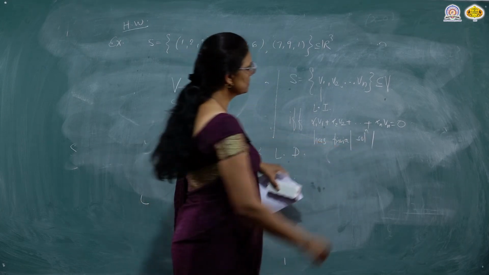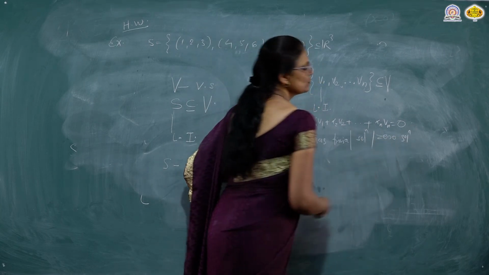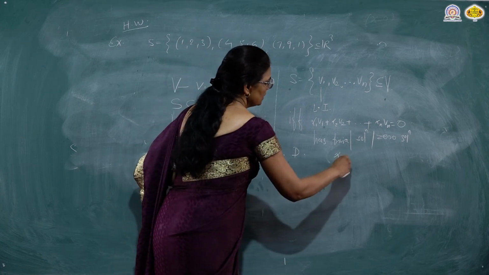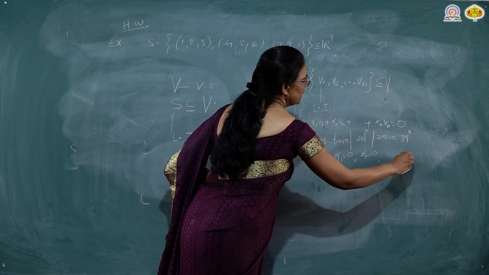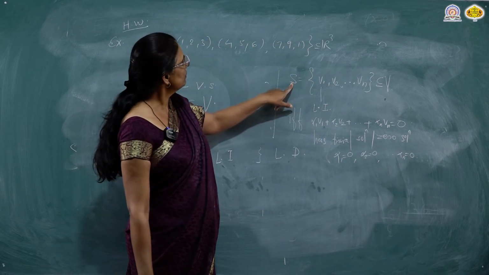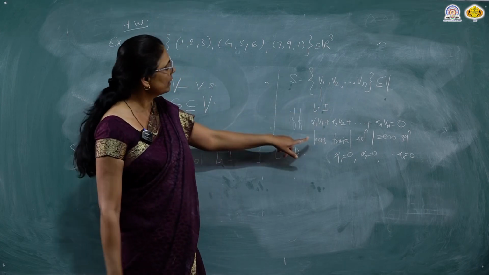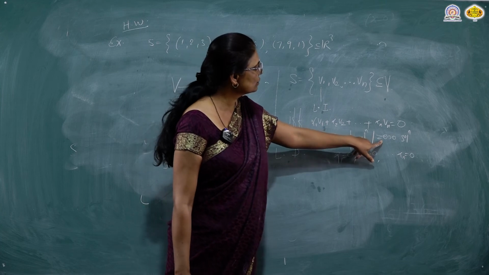Trivial solution means zero solution. And what is meant by zero solution? Zero solution means alpha 1 is 0, alpha 2 is 0 and alpha n is 0. So again, S is linearly independent if and only if this equation has a trivial solution, zero solution.